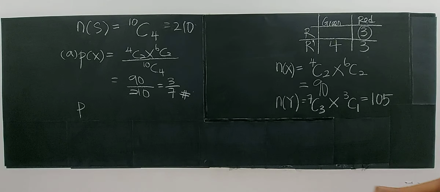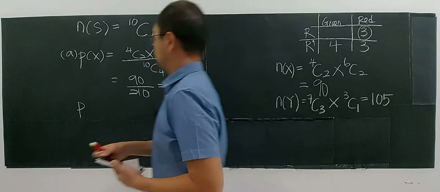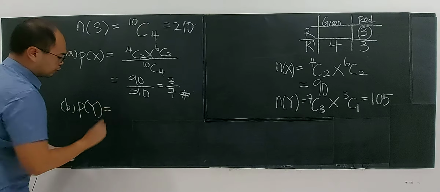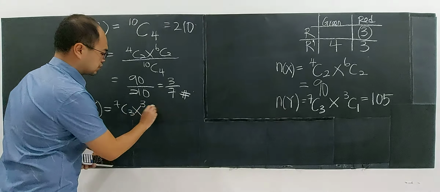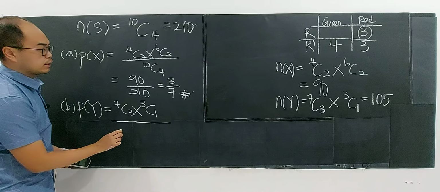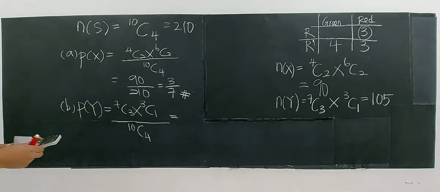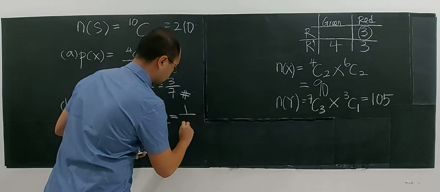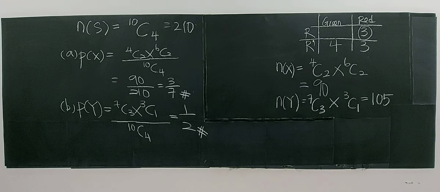So the probability of event Y, that one apple is rotten, is 7C3 multiplied by 3C1 divided by 10C4, which gives 105 divided by 210, which is 1/2.